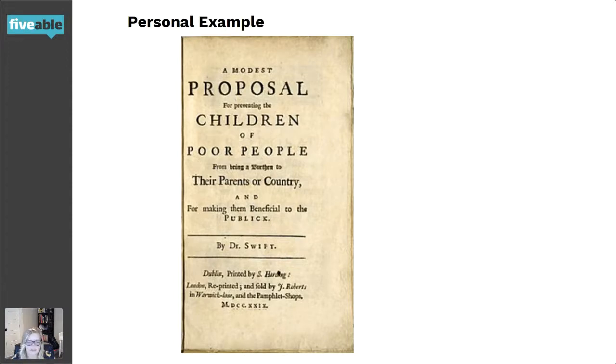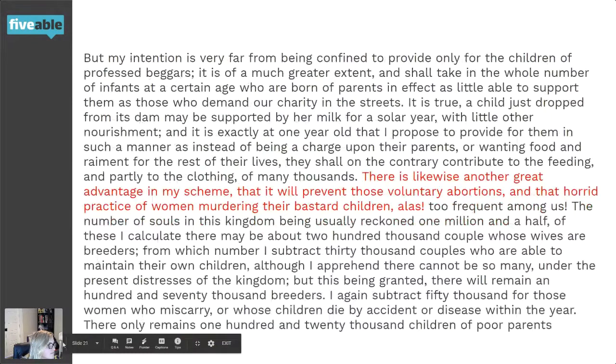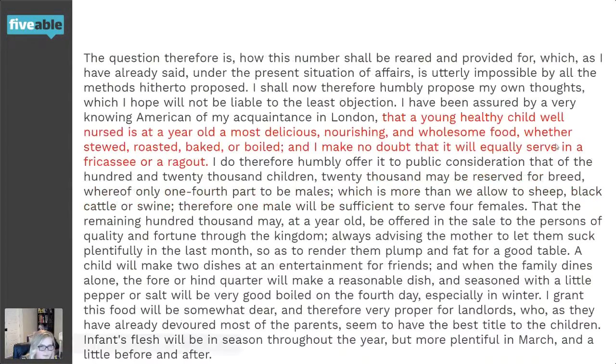Let's say I just got one of these pages as a prompt, like maybe the one where it talks about boiling them and stuff. If I got this, I would maybe say for a rhetorical thesis that through the use of blank, blank, and blank, Swift argues. So this is the real one, if I know it's satirical. Maybe one of my rhetorical strategies is satire, because satire is something you can use for rhetorical analysis.